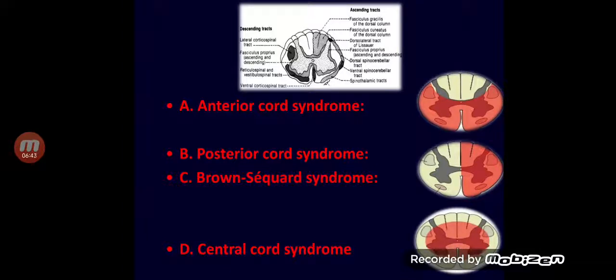What are the incomplete spinal cord injury features? We have the anterior spinal cord syndrome, the posterior spinal cord syndrome, the Brown-Séquard syndrome, and the central spinal cord syndrome. The anterior spinal cord syndrome is due to damage to the frontal portion of the spinal cord or reduction in the blood supply from the anterior spinal artery.